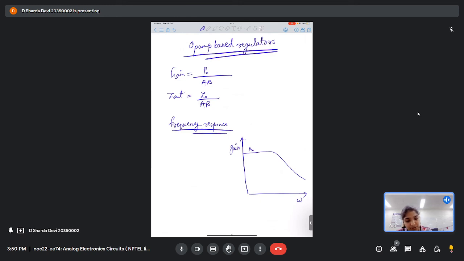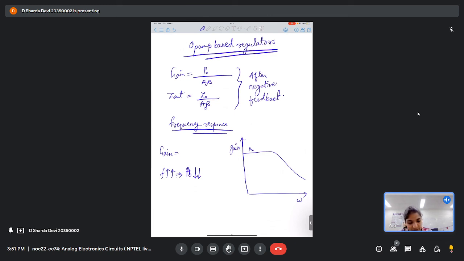So if you observe now, after negative feedback, what will happen for the case of gain as the frequency is increasing? It will reduce the P naught, that is the open loop power supply gain. Open loop gain, or A naught in general, will reduce.